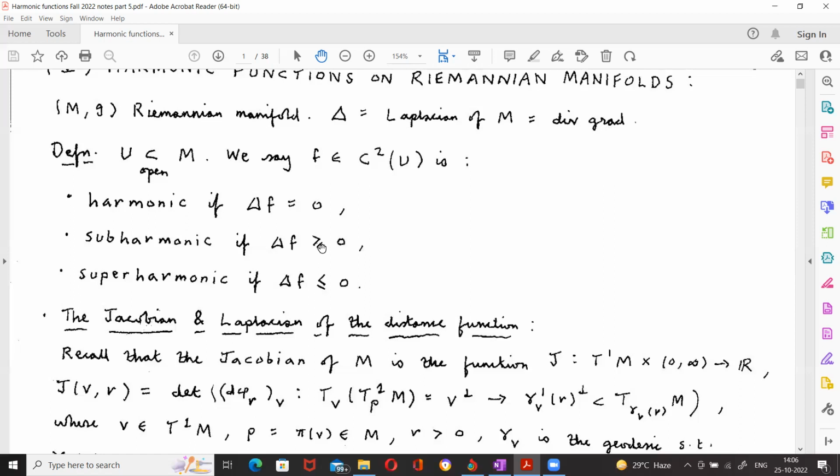Subharmonic is a weaker condition: you're asking that the sum of the eigenvalues is non-negative, whereas for convex, you're asking that each individual eigenvalue is non-negative. Okay, so is the difference clear? Yes. Right. Okay.